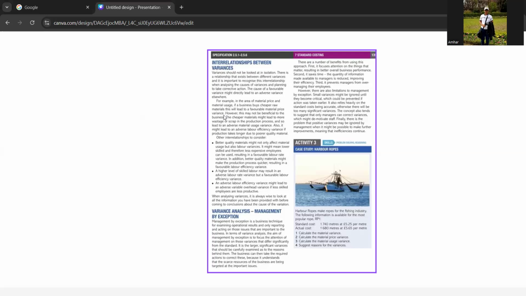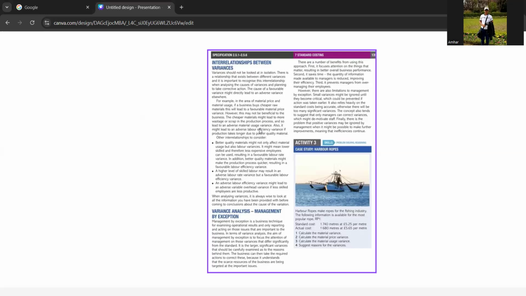If they buy a cheaper raw material, it will lead to a favorable material price variance. However, this may not be beneficial to the business, because cheaper materials might lead to more wastage or scrap in the production process, and so it will lead to an adverse material usage variance. So in usage variance, it will cause an adverse result. Did you understand that?